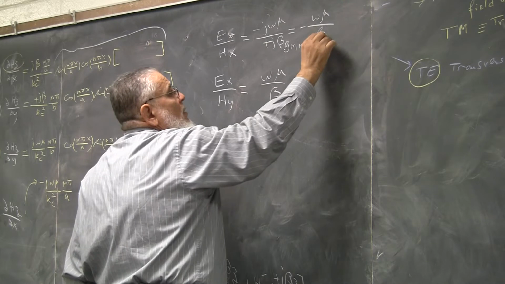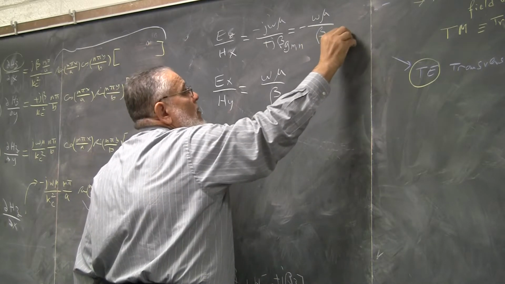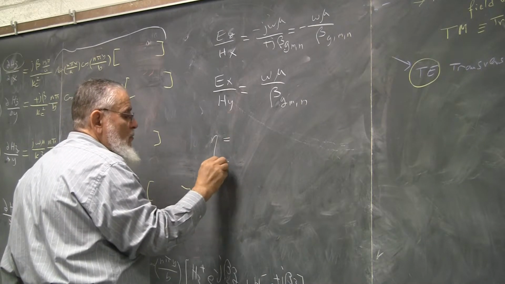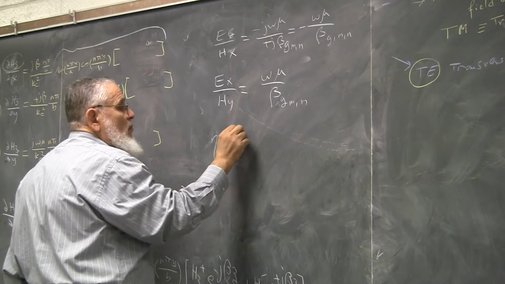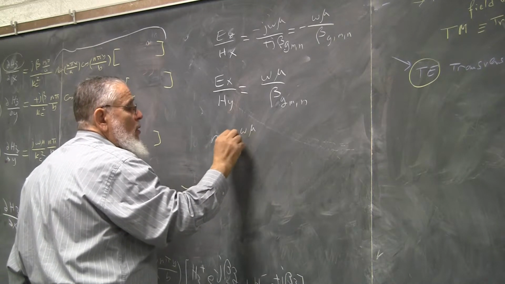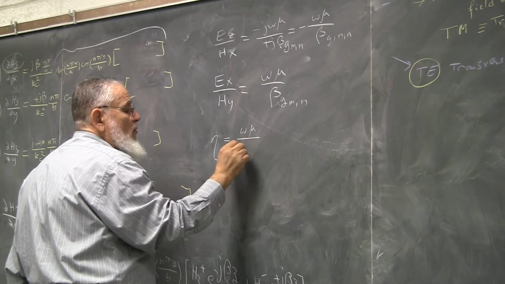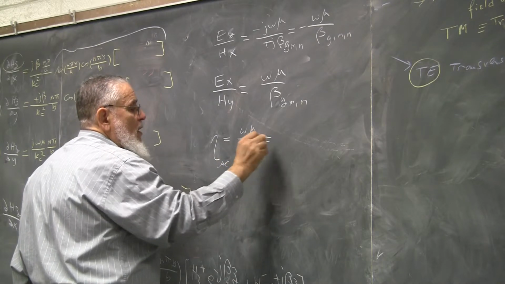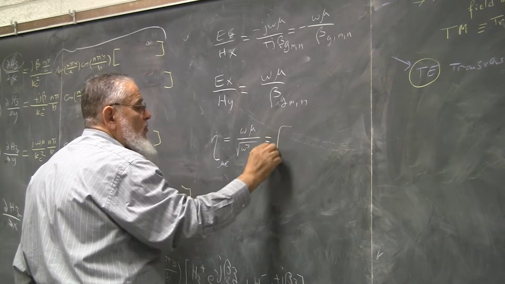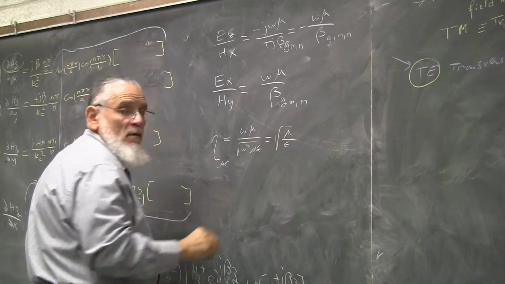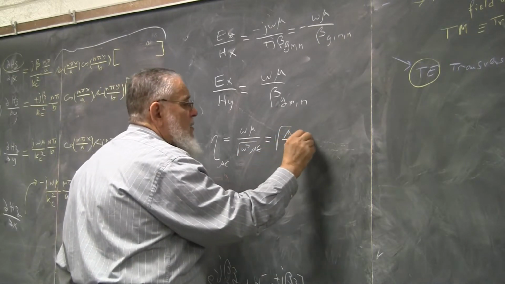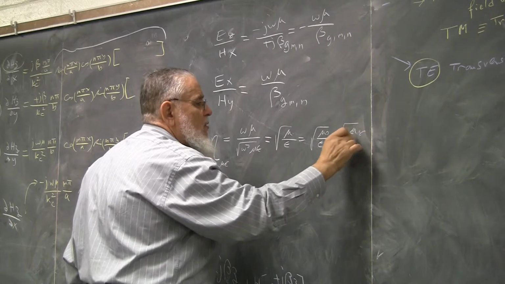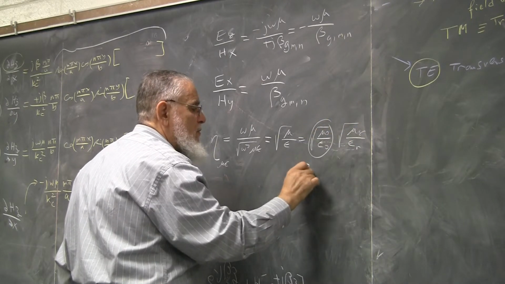If you go beta in the guide, M and N. If you go with the intrinsic impedance of the media, eta of mu and epsilon, it is simply omega mu over beta, which is the square root of omega squared mu epsilon, gives you square root of mu over epsilon, right? And that's the square root of mu naught over epsilon naught, square root of mu relative over epsilon relative, and that was 377 ohms. Remember that?